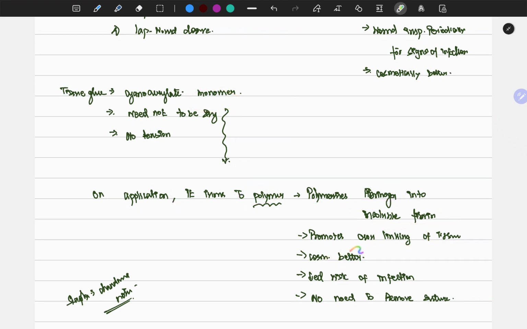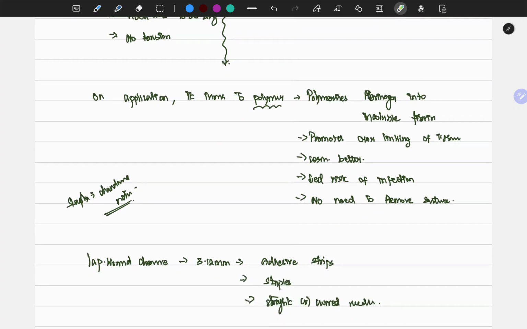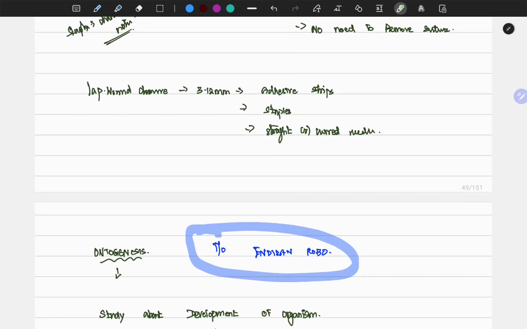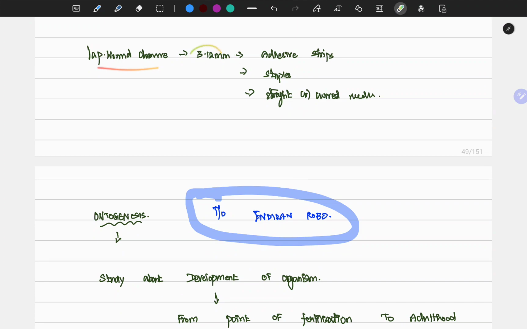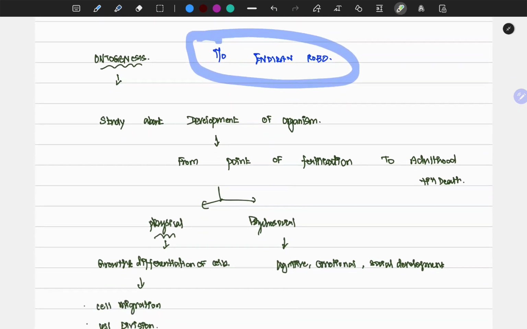Thereby, it promotes wound healing better, decreases risk of infection, and is cosmetically better. No need to remove the sutures. So for flap wound closure of 3 to 12 mm defects, we can go with adhesive strips, staples, straight or curved needles.